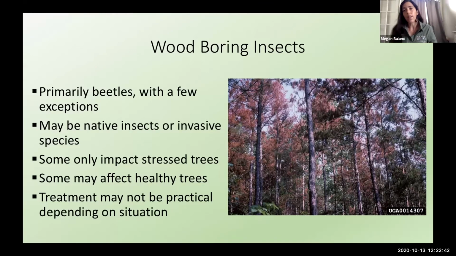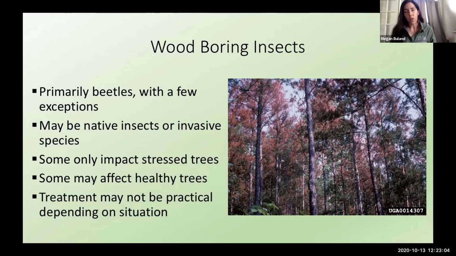Here in the bluegrass, in a landscape setting, it's often only stressed trees that are really going to be impacted by most of these wood-boring insects, although there are a few exceptions that will impact healthy trees as well. And very rarely is treatment practical for these situations.